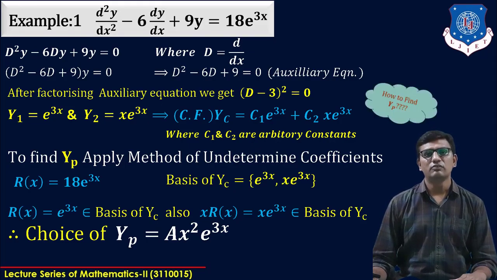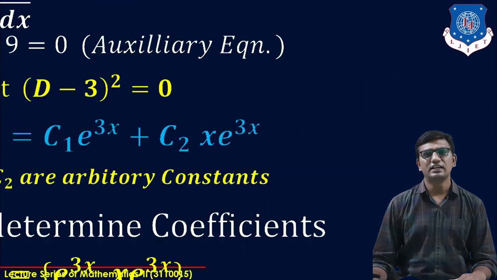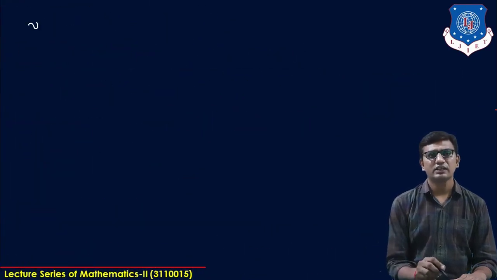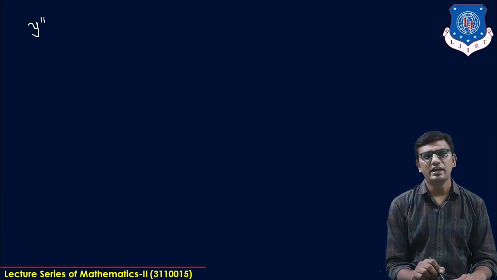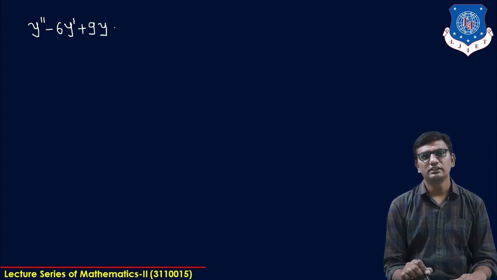Now how to find the yp in this case? Let us see by calculating. Here y double dash minus 6y dash plus 9y equal to 18 e^(3x), which is our non-homogeneous differential equation.